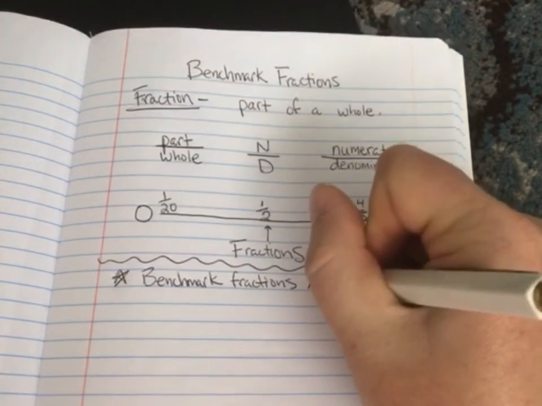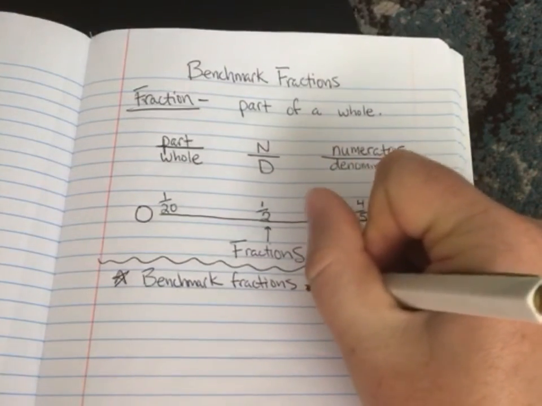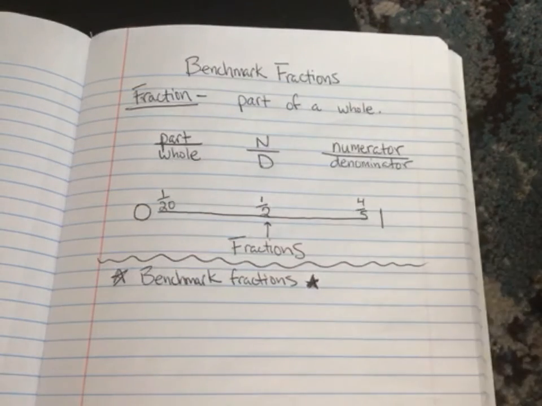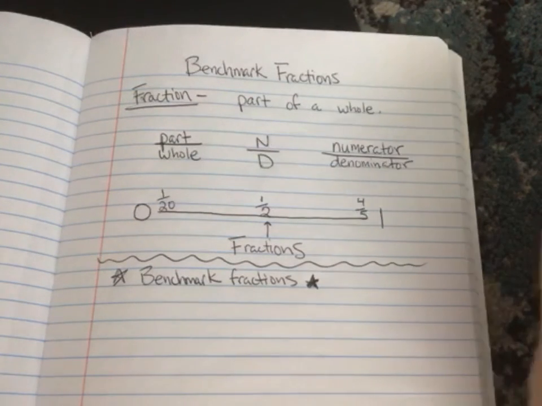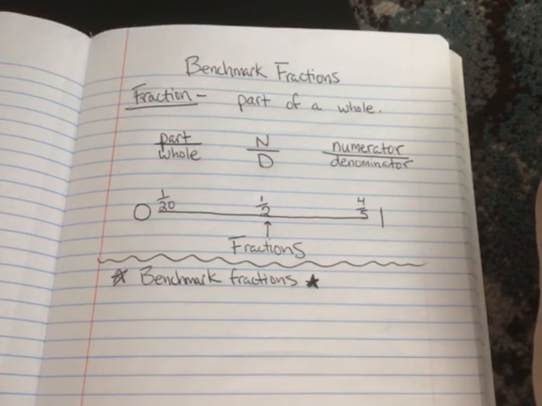Let's stop and talk a little bit about what benchmark fractions are. We've already talked about benchmark numbers earlier this year. It was really quick, we didn't spend a lot of time on it, but if you pay attention to my class, you'll know this one.